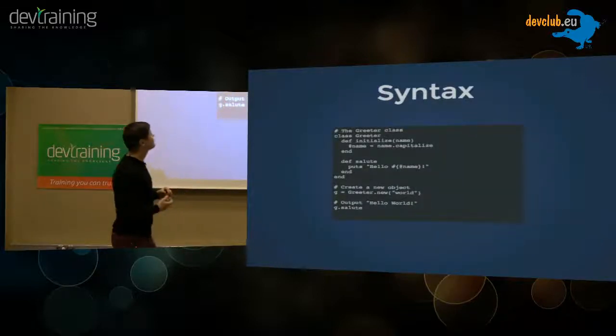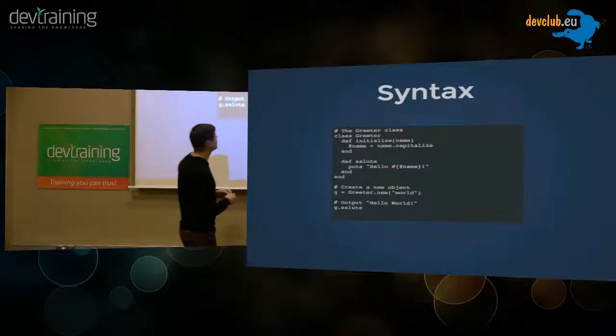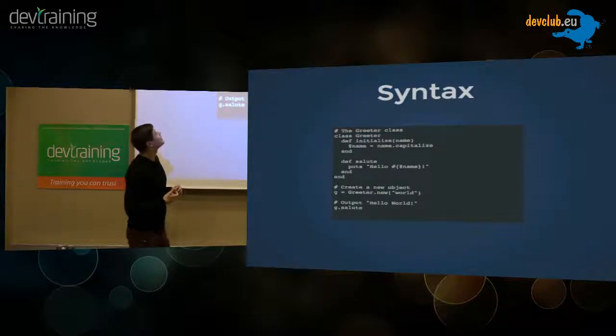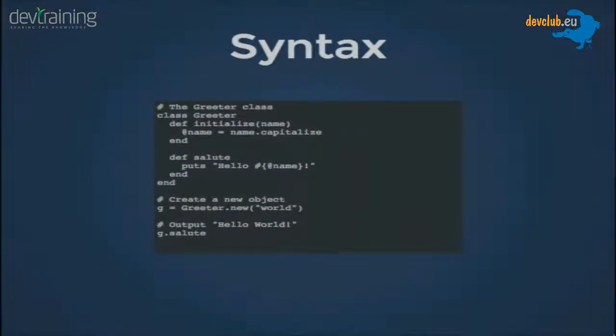And then maybe a couple of words about syntax. You comment lines with the hashtag, and then you use indentation, and you use these do-end constructions instead of curly braces.